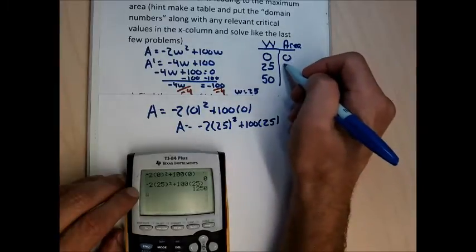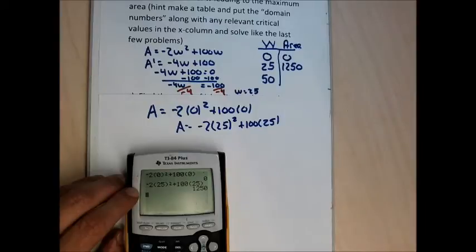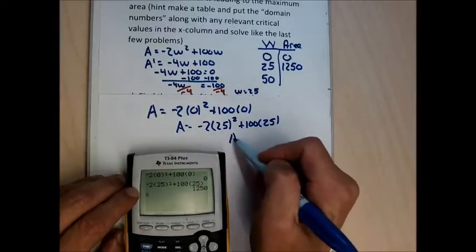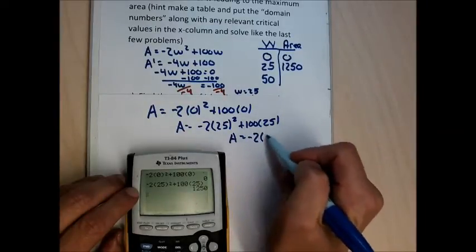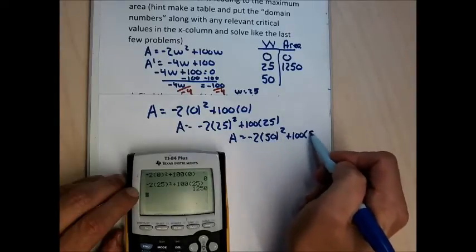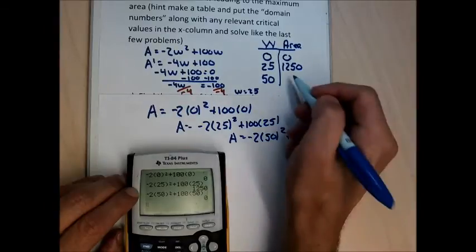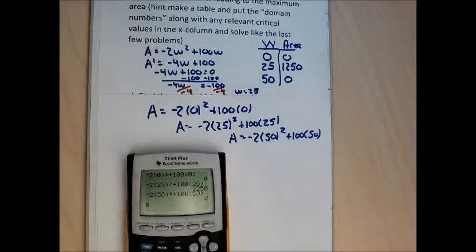This says when the width is 25 meters, the area is 1,250 square meters. And then lastly, I'm going to plug 50 in and go -2 times 50 squared plus 100 times 50. So -2 times 50 squared plus 100 times 50. And this says if the width is 50 meters, the area is 0.